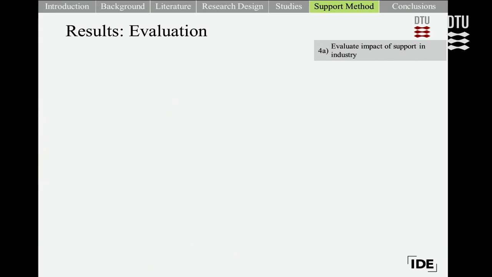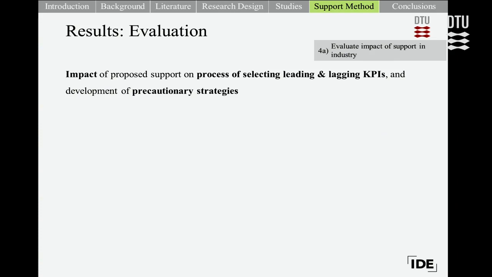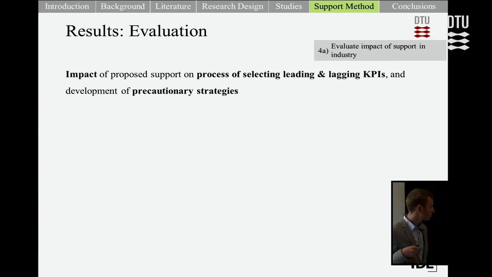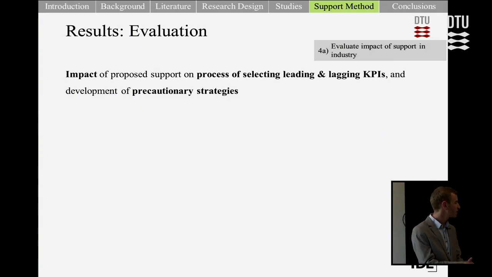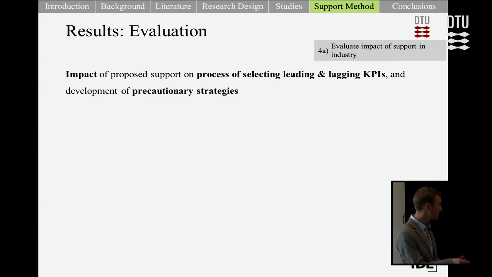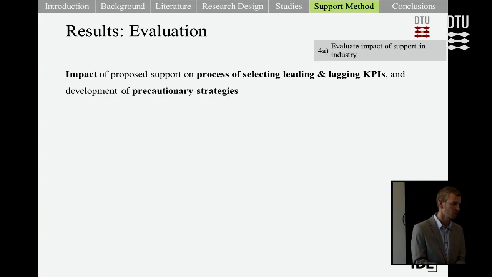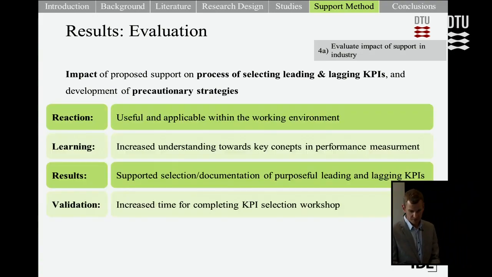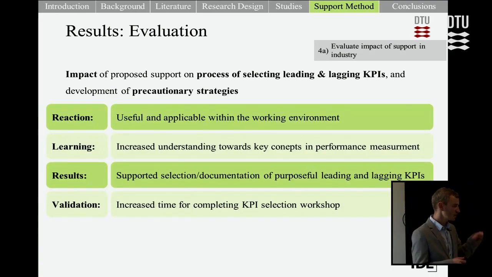For the results from the evaluation, we focused on the impact of the proposed support in supporting the process for selecting the KPIs, the leading and lagging KPIs, and the development of precautionary strategies. What was done, we did the surveys and also the interviews here, and the workshop supported this.